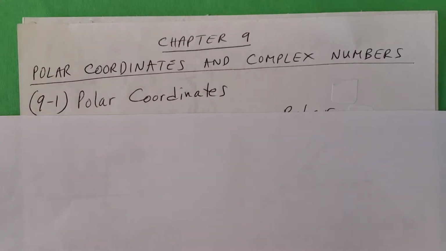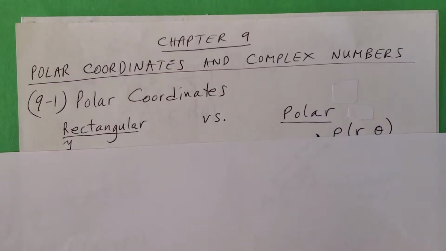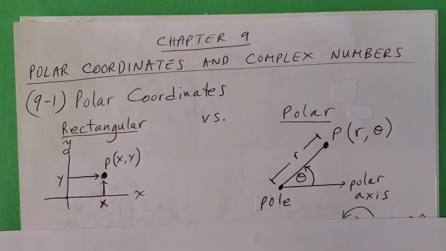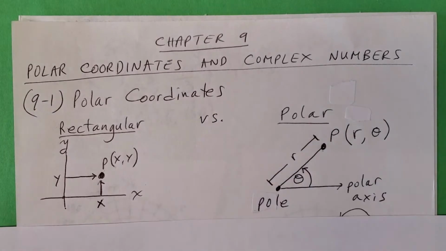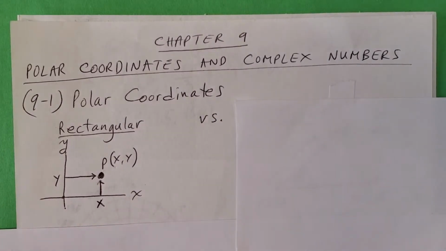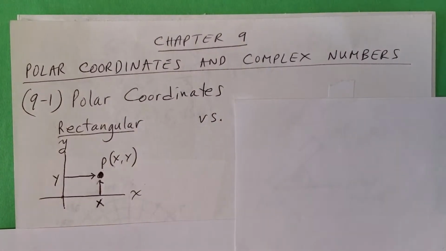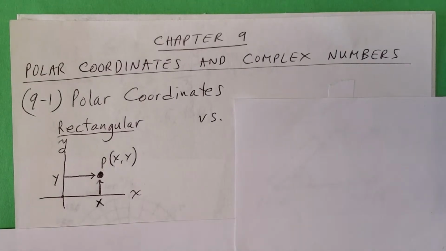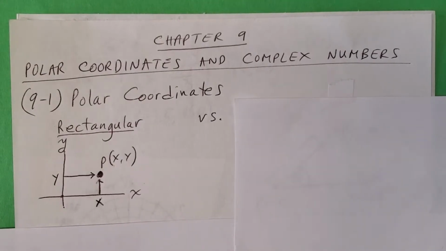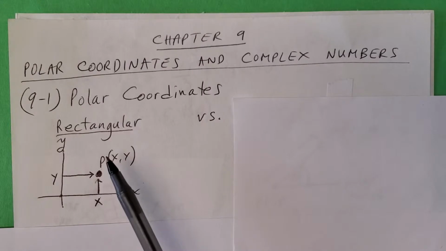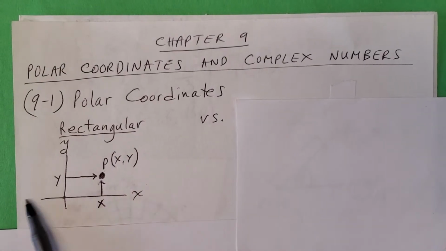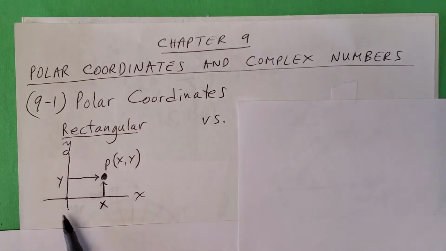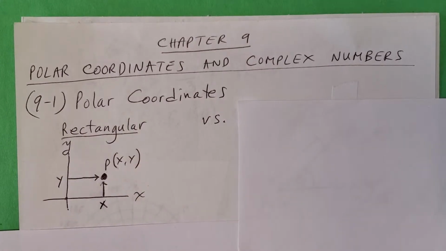So here we go. What are polar coordinates? Well, maybe if we compare it to rectangular coordinates that you already know, you get a better idea of what it is. So when we say x, y, and the reason we call them rectangular coordinates is because you go 2 directions, straight across or straight up and down, like a rectangle.